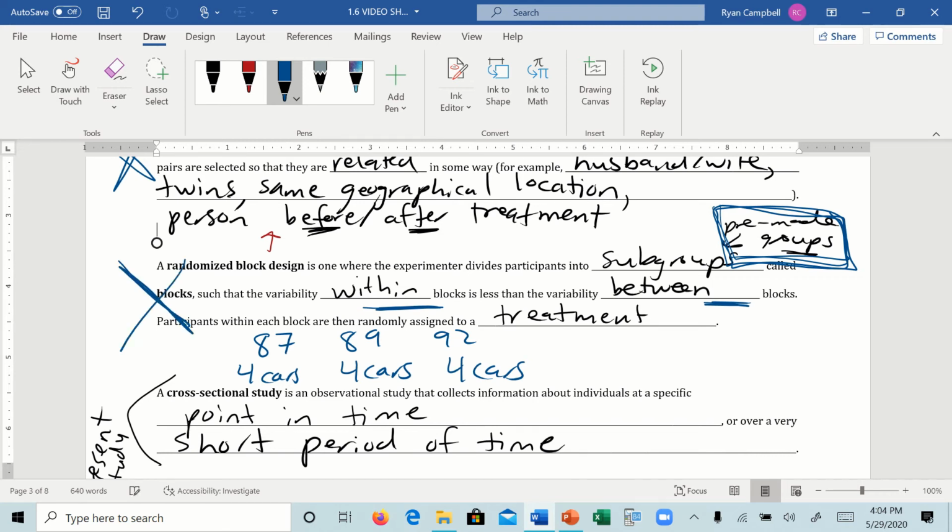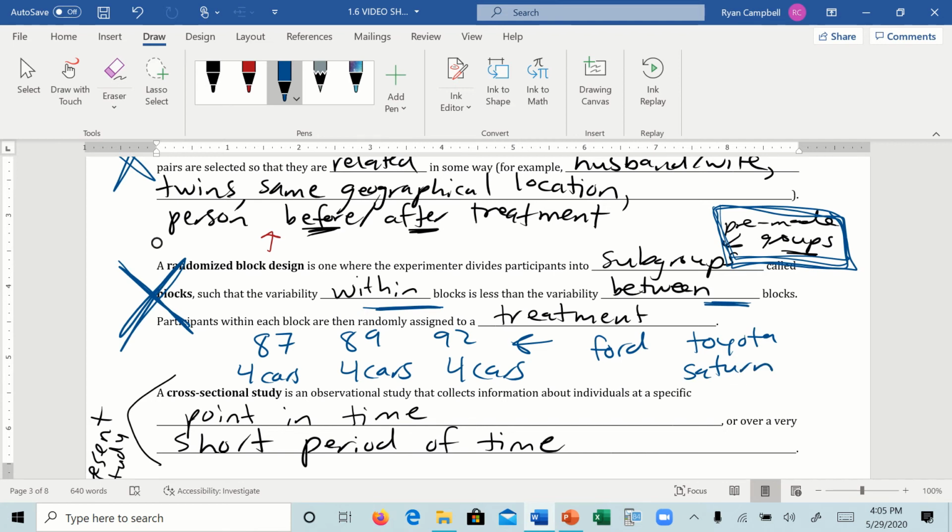So because of that, this is not a block design. We're the ones that put them into groups. They didn't come in groups, right? Now, if we separated them out by makes, we put Ford cars in one, Toyota cars in one, and Saturn cars in one. I don't really know cars, so if these are similar, just forgive me.